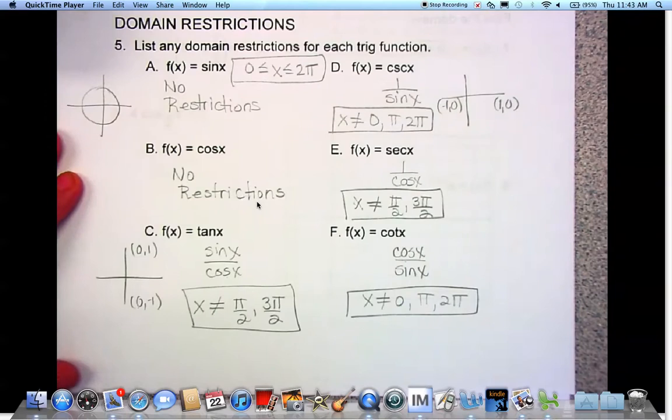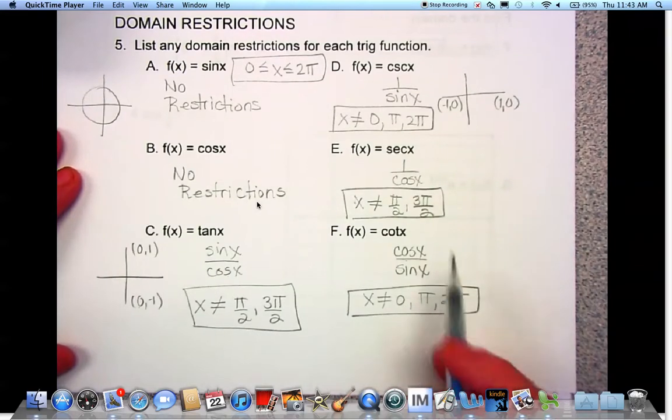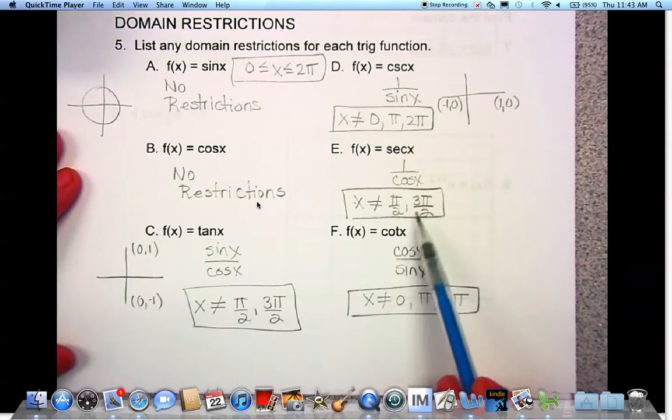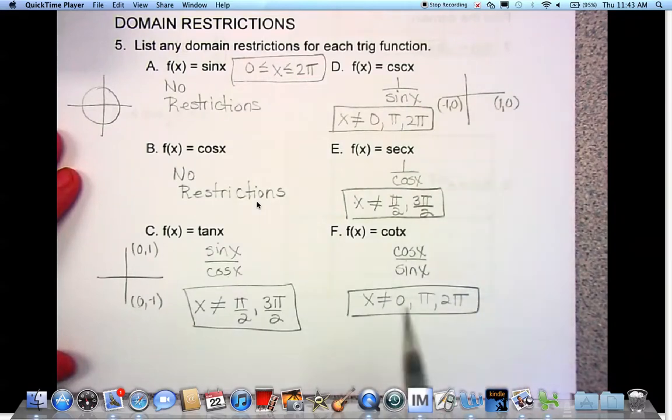If you could start to memorize that a little bit, it might help you. If sine is in the denominator, then 0, pi, and 2 pi cannot be answers. If cosine is in the denominator, pi over 2 and 3 pi over 2 cannot be answers. Got it. So these are really the ones to look for, when cosine's in the denominator and when sine's in the denominator.